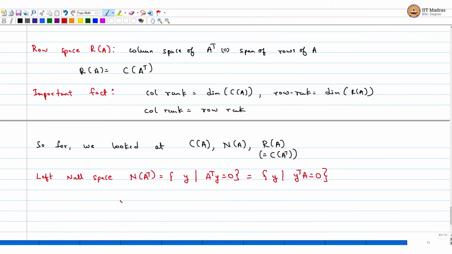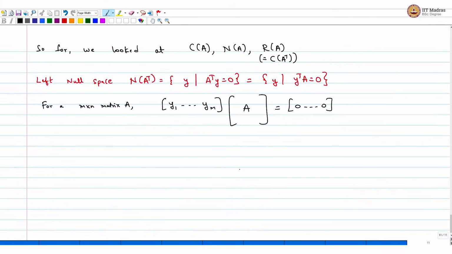This is like saying, if A is an m cross n matrix, you are looking at y1 until ym multiplying A, and you want this to result in zeros. So you are looking at a linear combination of rows that results in the zero entry.